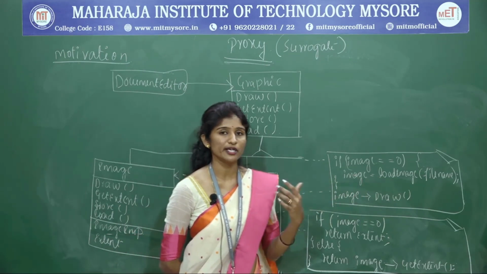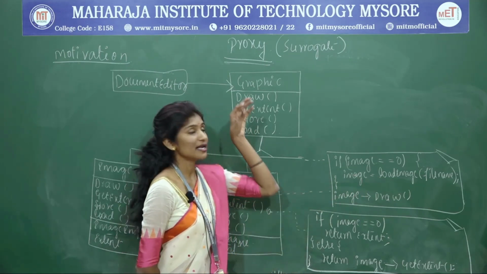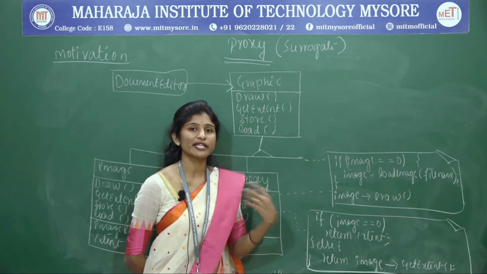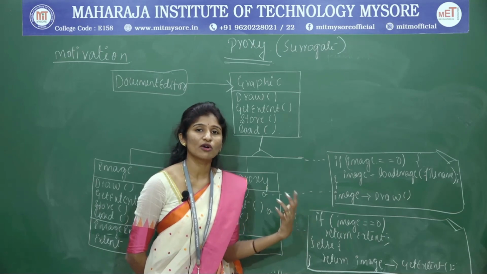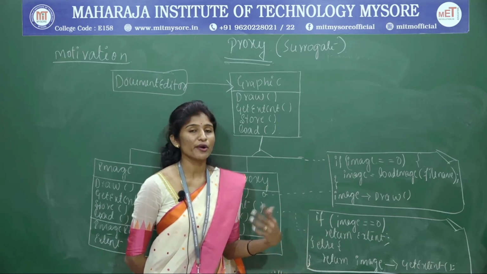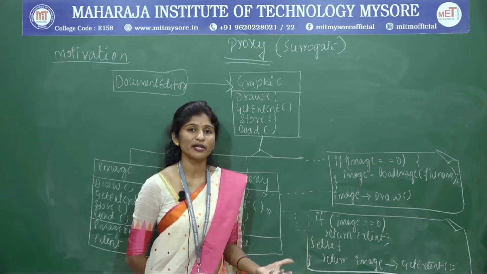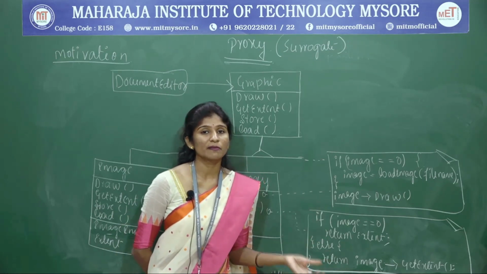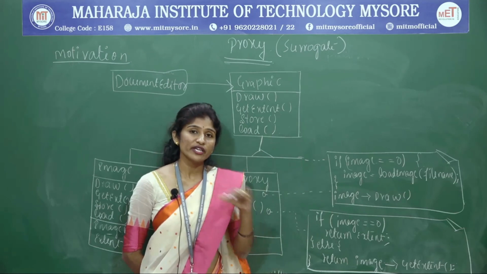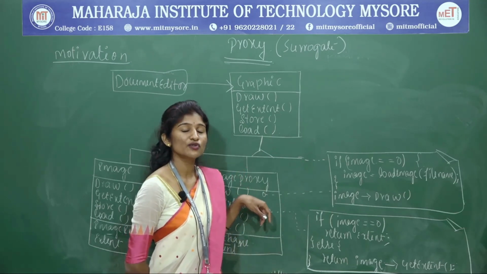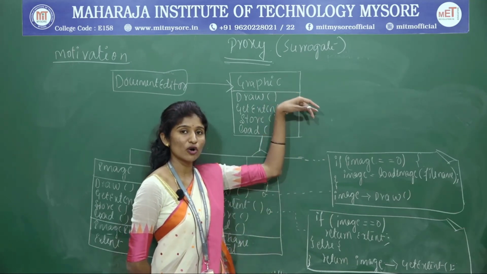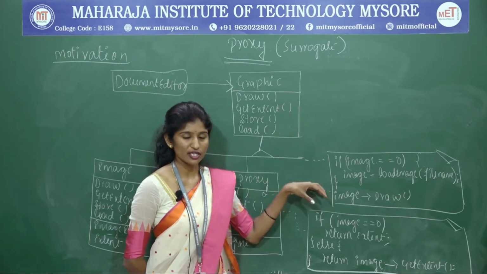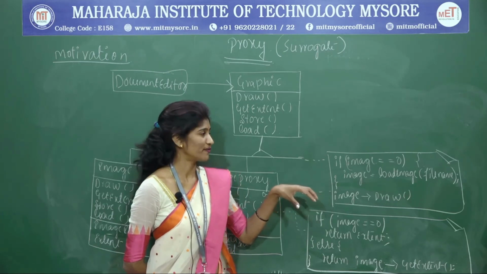Because it has not been loaded. The main class is invoking to load that image, to display that image, but the image is not present. Why have we not kept that image? Because it may take more memory. For that only we maintain that image in the backend store, and we use the proxy design pattern. So whenever the application calls the object or an image, immediately it loads it. That is the operation we are going to perform.